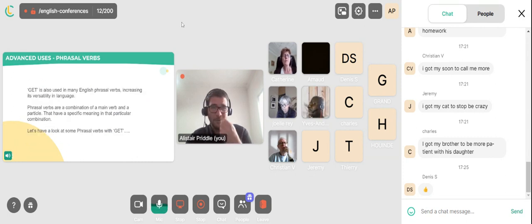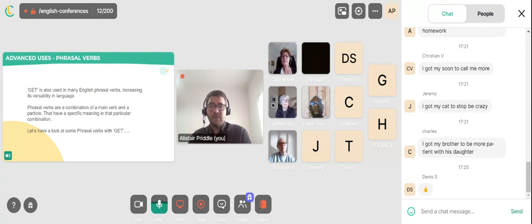Okay, so we're also going to think about phrasal verbs very quickly. Get is also used in many English phrasal verbs, increasing its versatility in language. Phrasal verbs are a combination of a main verb and a particle that have a specific meaning in that particular combination.